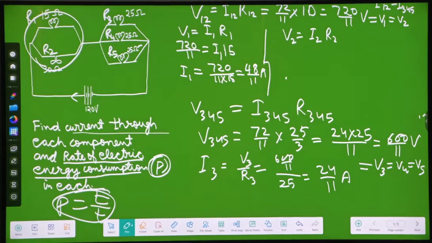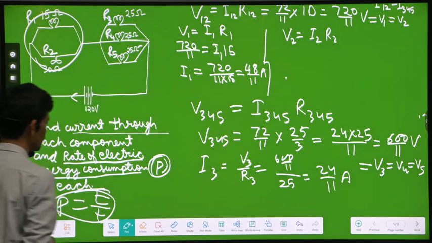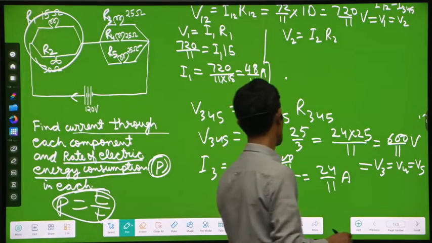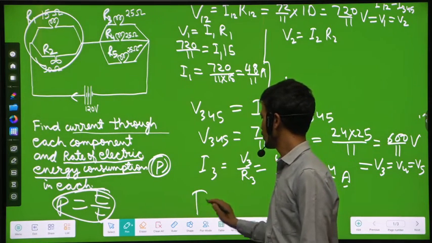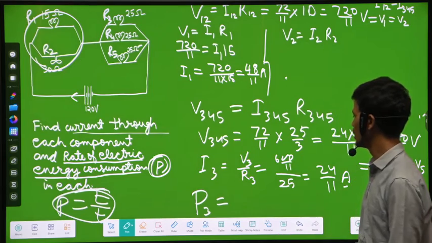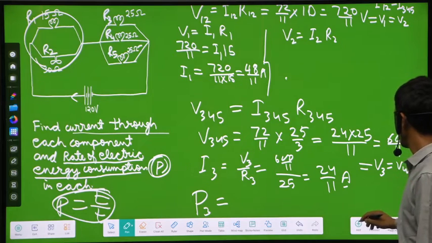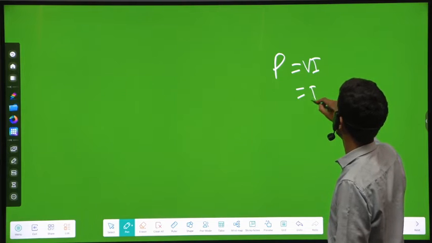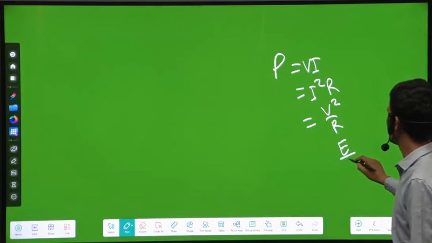And how are we going to find power consumption, the rate of electric energy consumption, that is power? One of it I'm going to do for you, because it is in front of me. For P3, power across 3, see, for power we have different formulae. We have VI, we have I square R, we have V square by R. In fact, we have energy by time.